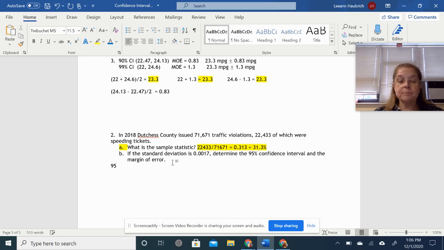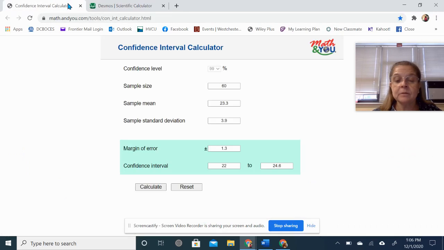I could do it in decimal form or in percentage, but since I changed it to a percentage, I'm going to do this as a percentage. My number, the N, is the large number, 71,000. The margin of error is 0.0017. And the population mean is 31.3%. So let's go find that over here.